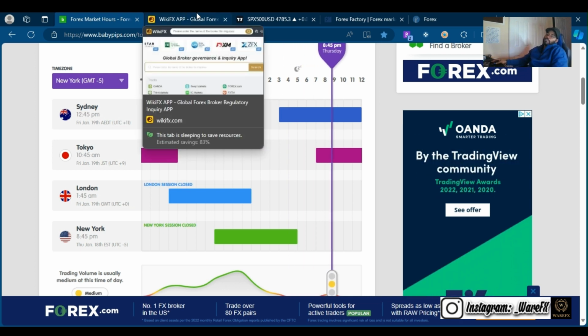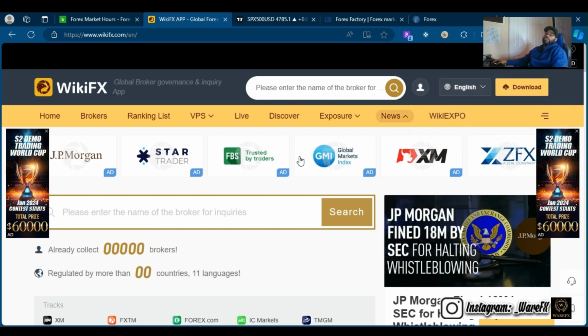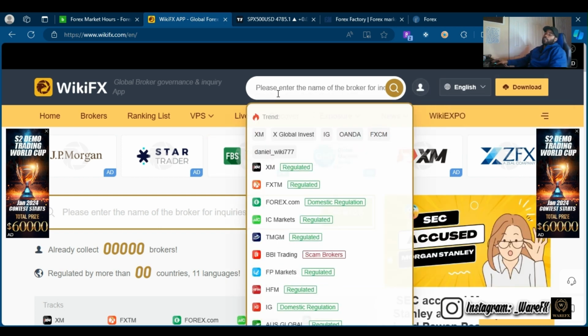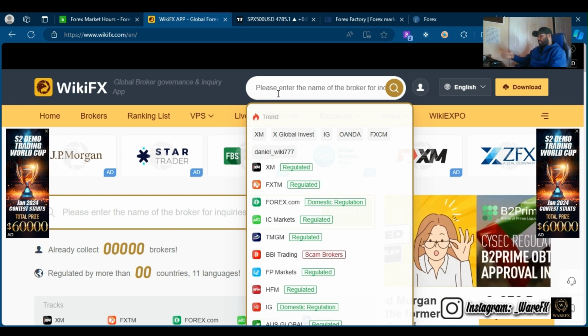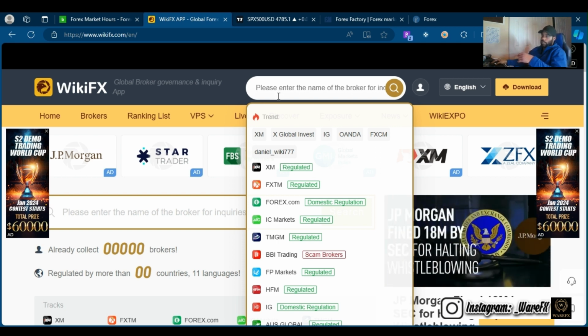So the next website we got is WikiFX, and this is for my traders who trade with an unregulated broker or a regulated broker. Whatever broker the prop firm uses is also going to be on here. So we have Forex.com.